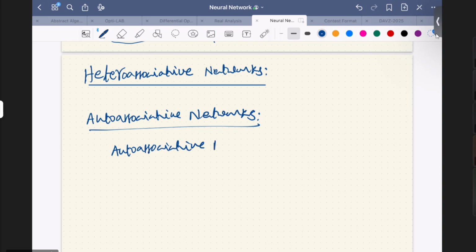Auto associative networks are a subclass of hetero association, because it is a kind of same thing, but we are looking for the same features to same feature correcting themselves. These are the heteroassociative networks.